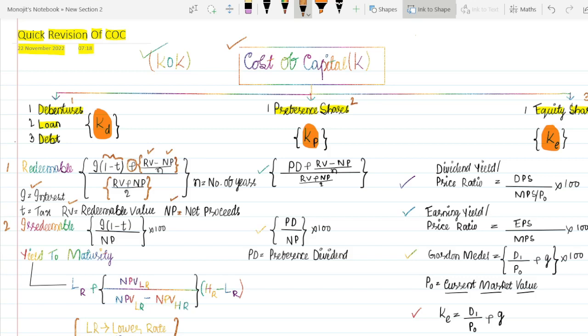And in the denominator we need to write (redeemable value plus net proceeds) divided by 2.